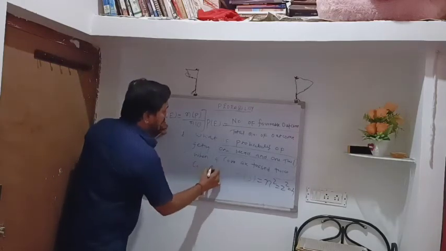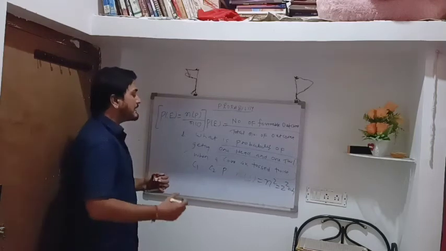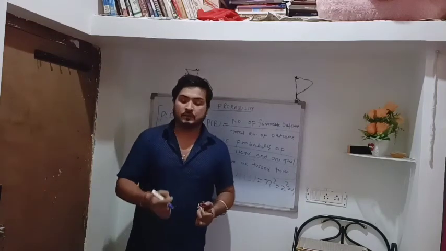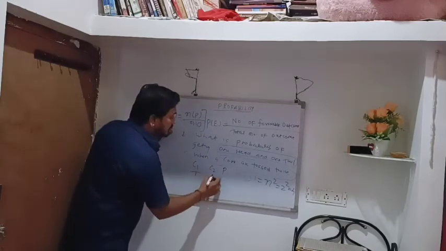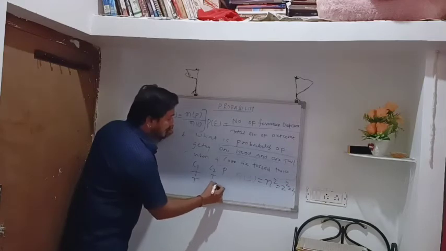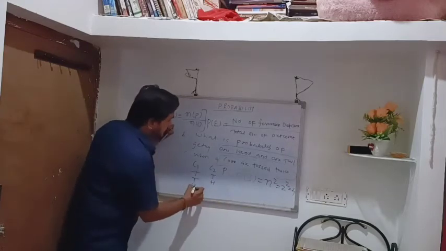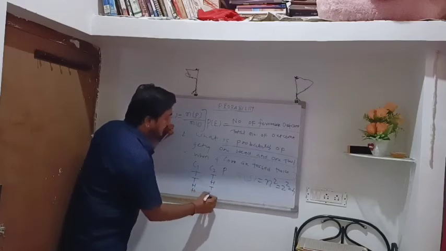I have coin 1 and coin 2. When tossing the coins, in the first case both are tails, in the second case the first is tail and the other is head, in the third case the first is head and the second is tail, and in the last case both are heads.